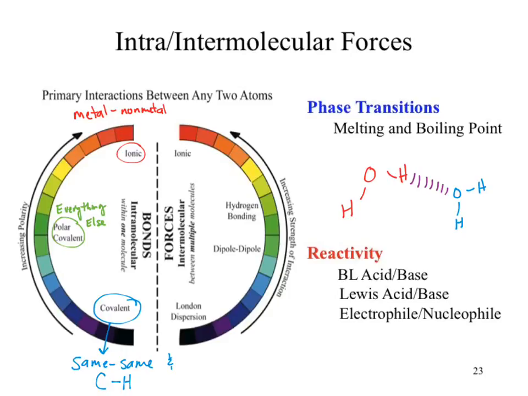What happens as I move from an ionic bond to hydrogen bonding? What happens to that attractive force? Goes down. It gets smaller. Dipole-dipole. Smaller. London dispersion. Smaller still. Our relationship between bonds and forces is they are identical. It is one continuous spectrum all the way through it.